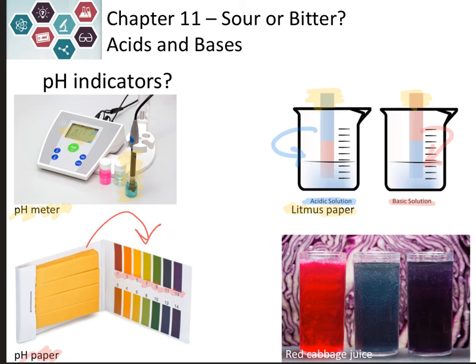Another thing that is used to determine pH is cabbage juice. So if you boil red cabbage, it will turn the water purple. So that is neutral. If it is in something basic, it goes to kind of a blue scale all the way up to a yellow if it's very strongly basic. And then if it's acidic, it goes down to red or kind of a bright pink color. And you will see this with Wet Lab 6.